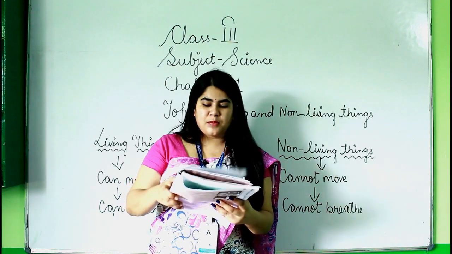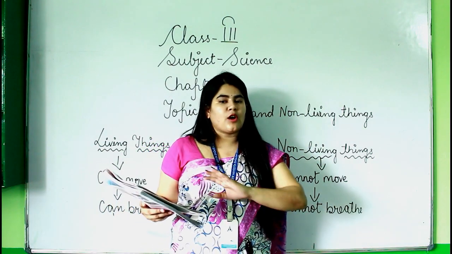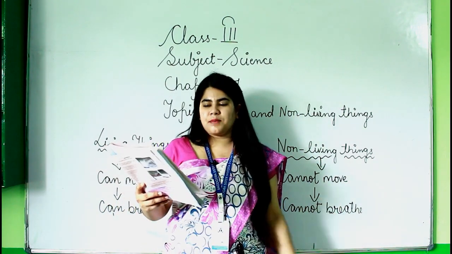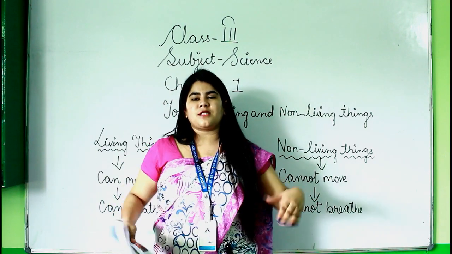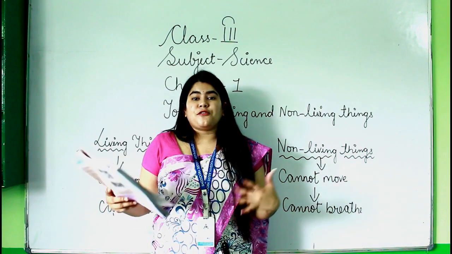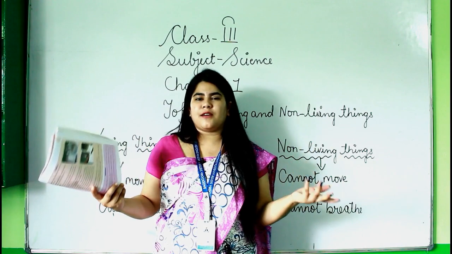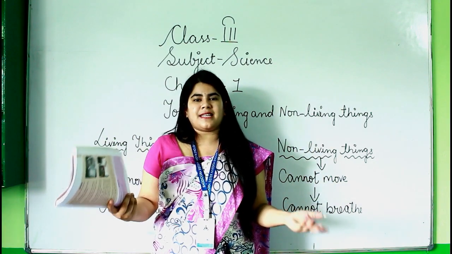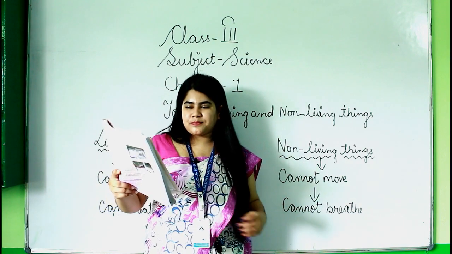And the fifth point was living things can reproduce but non-living things cannot reproduce. And the last point was living things can feel because we have sense organs, but non-living things cannot feel the temperature. If you beat them badly also, they won't feel anything because they are not alive and they do not have any sense organ.